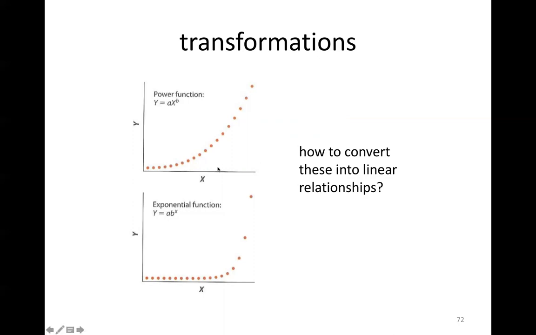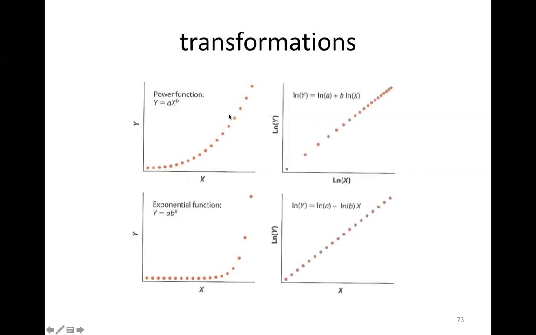So for instance, here we see a power function where y is related to x as a certain power of x, and here we have an exponential function where y is related to x, where x is a power of some constant, and we can imagine how if we logged these values, things could potentially improve.